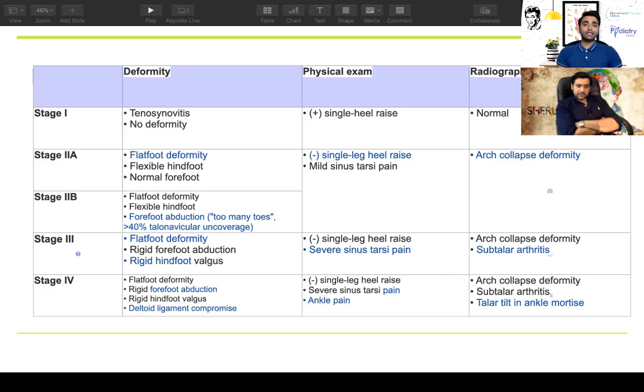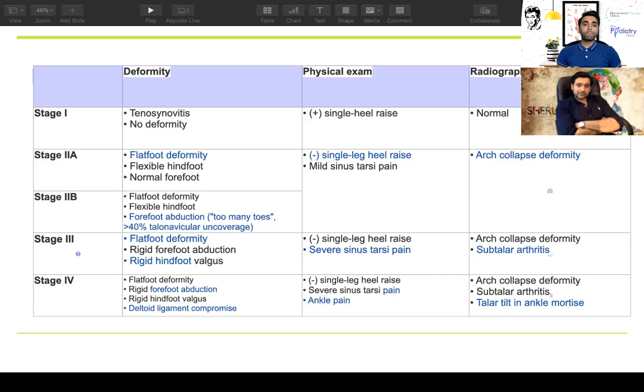Stage 2B, flat foot deformity, again, flexible hind foot, but the forefoot abduction, when I talked about too many toes sign, so the forefoot starts to move outwards. As you talked about, the function of the tib post is to basically invert and adduct the foot, so it moves the foot inwards, adducts meaning moving the foot inwards that way.